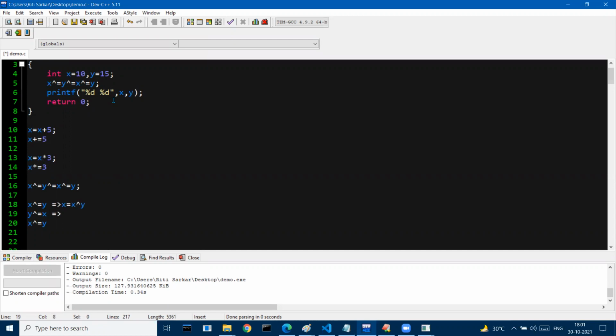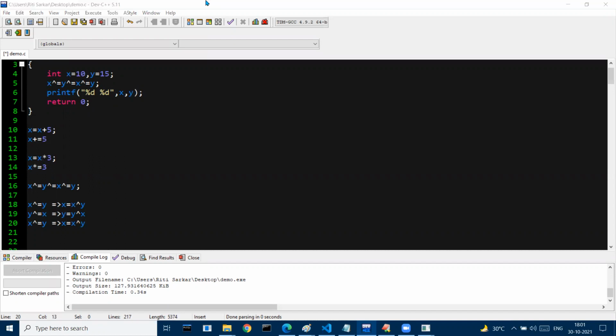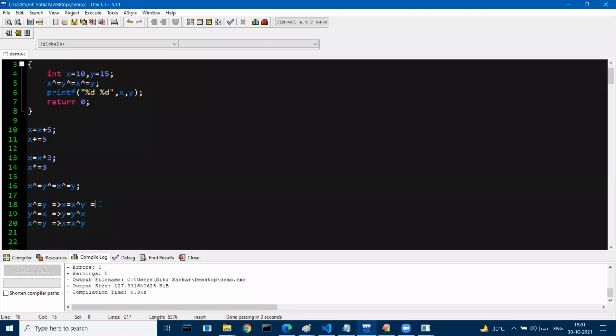It means y = y XOR x. And it means x = x XOR y. Now you observe here.